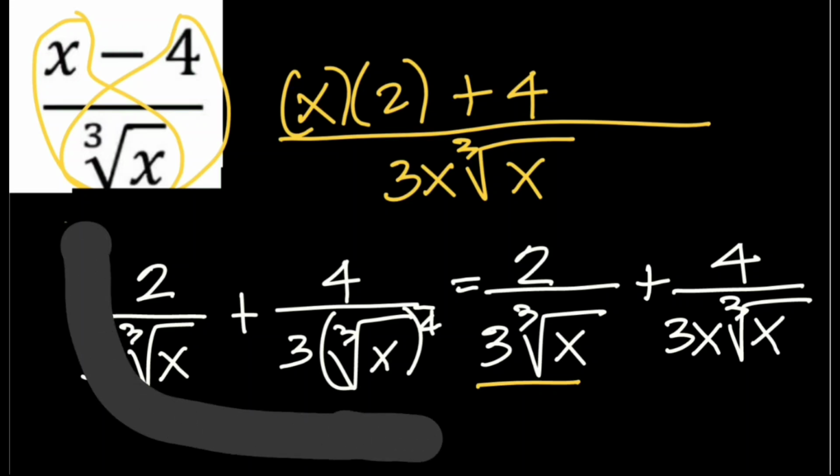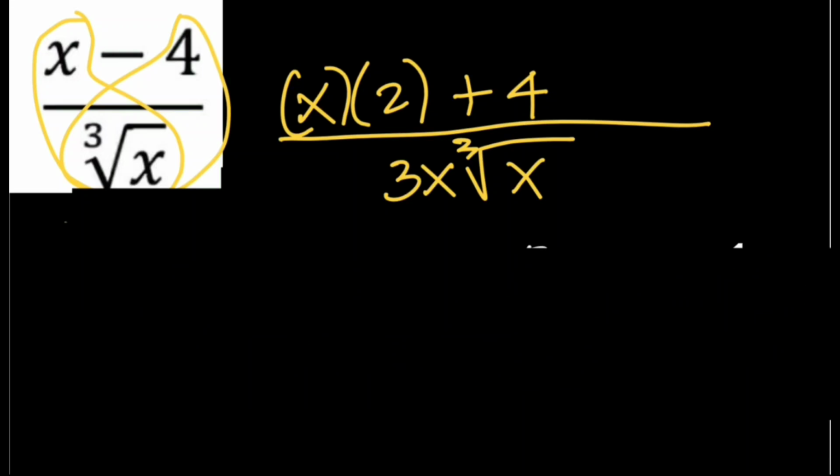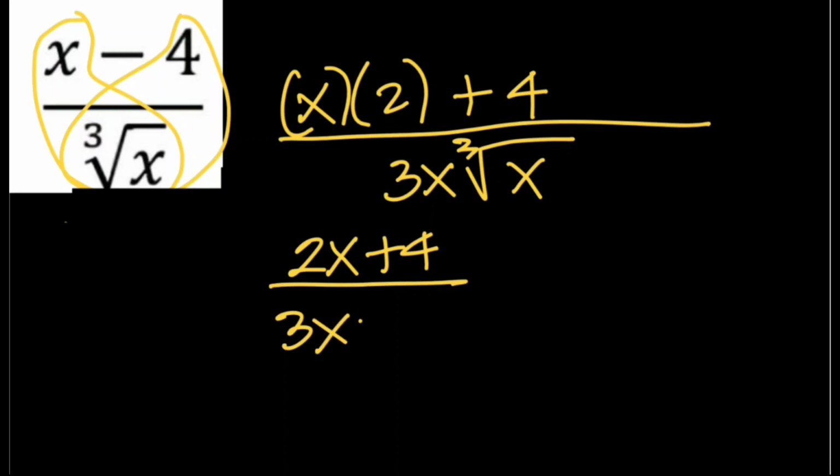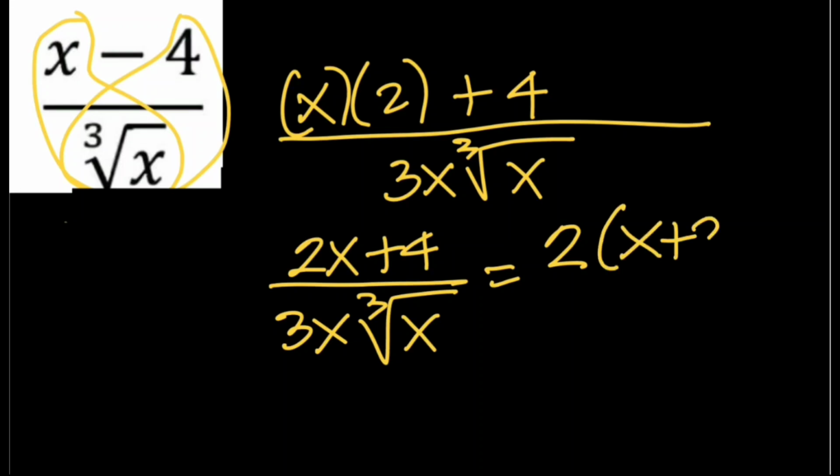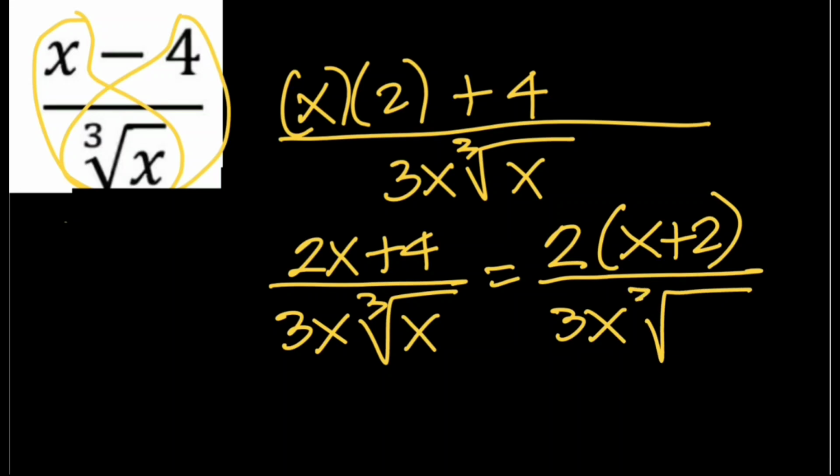Then we can further simplify. This would become 2x plus 4 over 3x cube root of x. Or we can simplify the numerator: we factor out 2, so this is just 2 times x plus 2 over 3x cube root of x, or you can just leave it as it is.